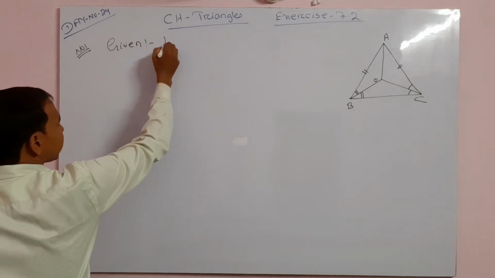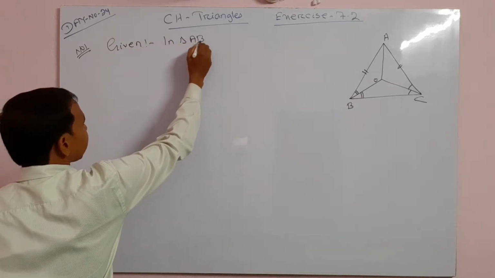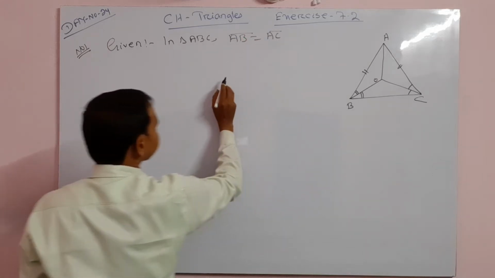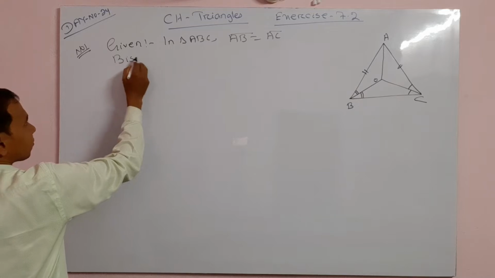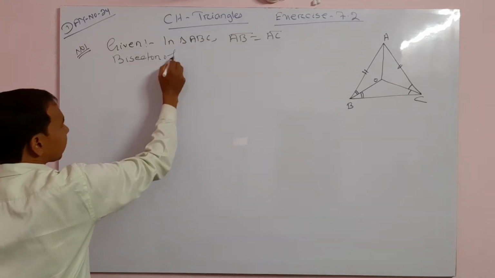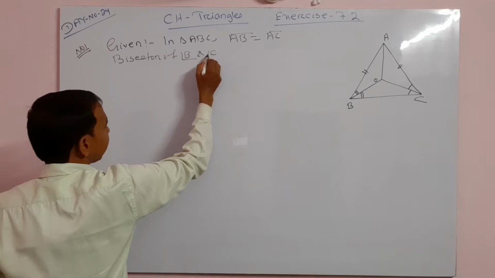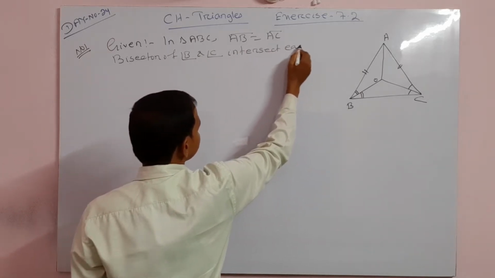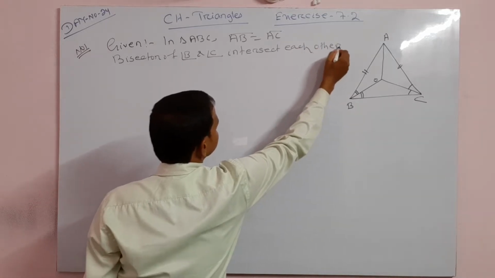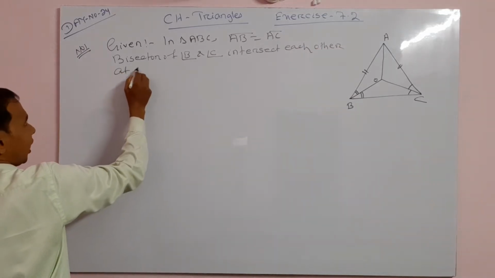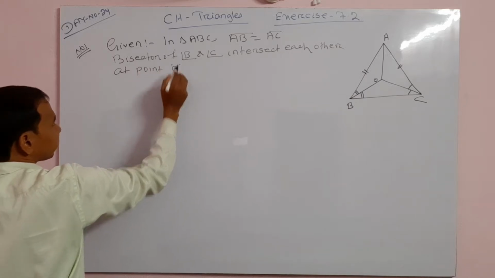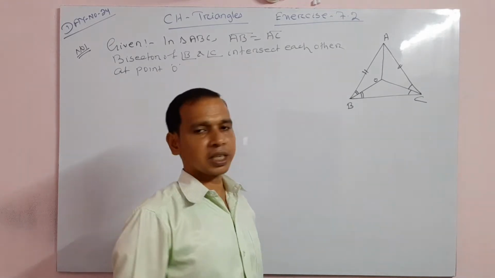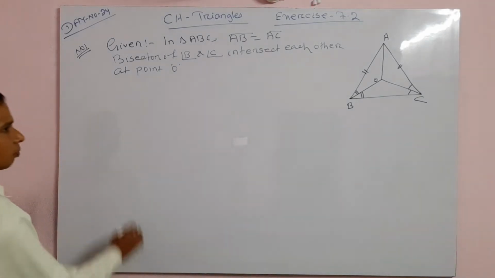So first write here given: in triangle ABC, AB is equal with AC. Bisector of B angle and C angle intersect each other at point O. Given complete.